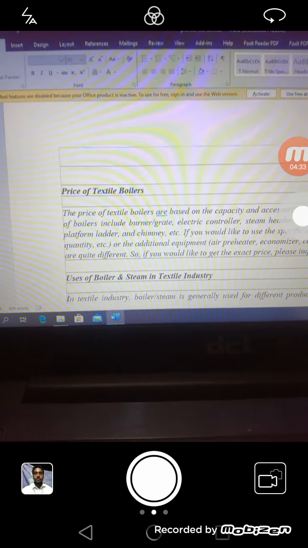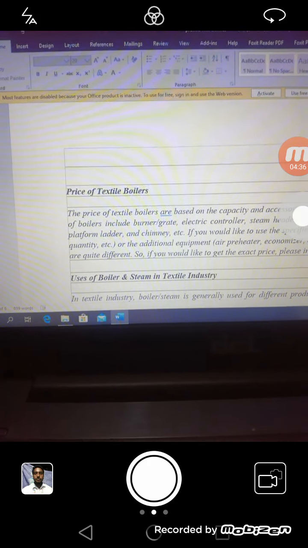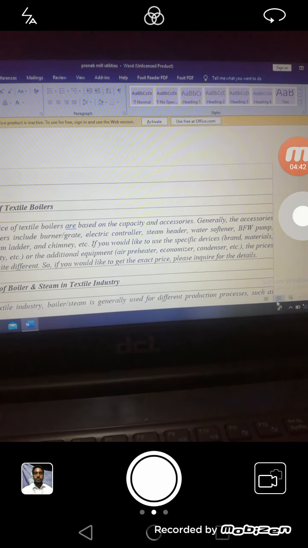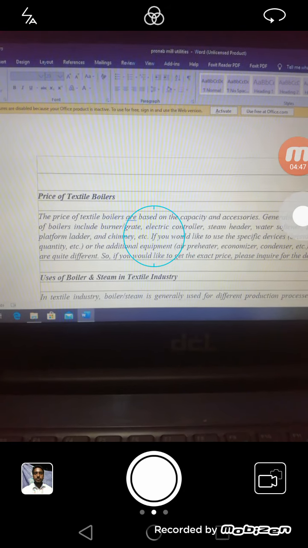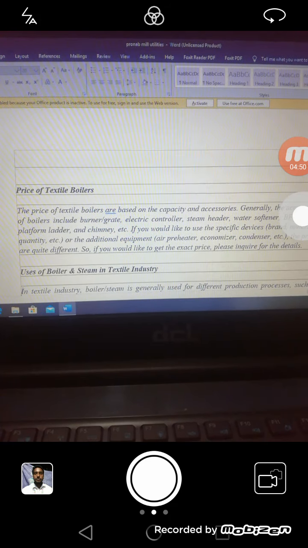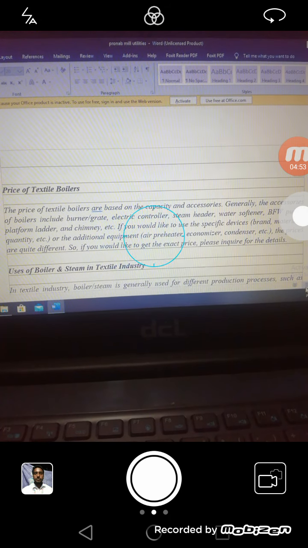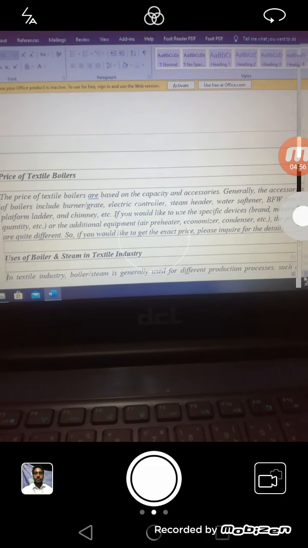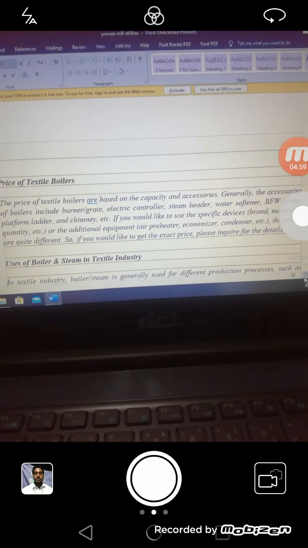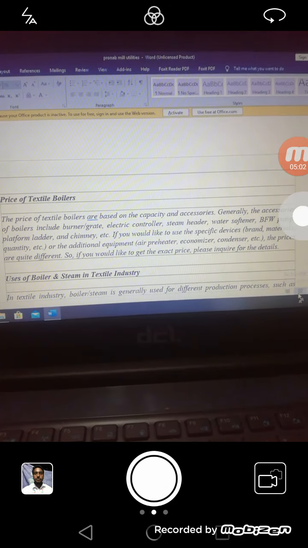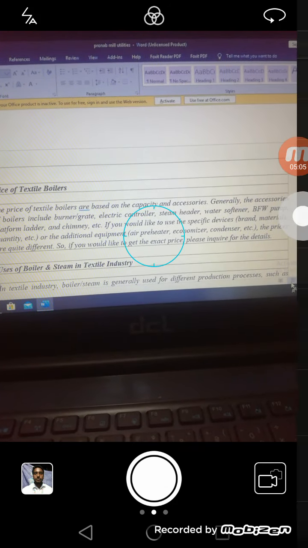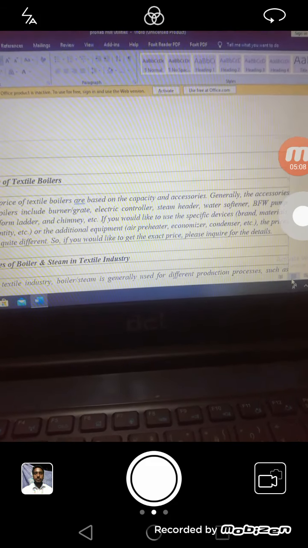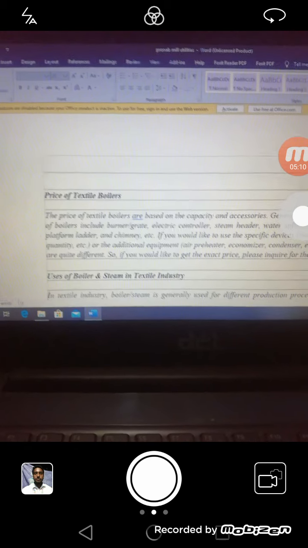Generally, the accessories of a boiler include burner or grate, electric controller, steam heater, water softener, BFW pump, platform, ladder, and chimney, etc. If I would like to use a specific device, brand, material, and quantity, or additional equipment like air preheater, economizer, condenser, etc., the prices are quite different.